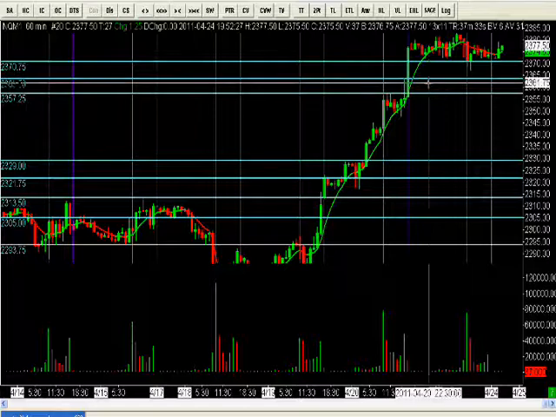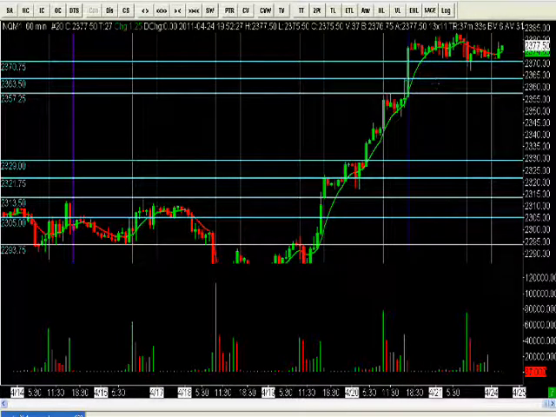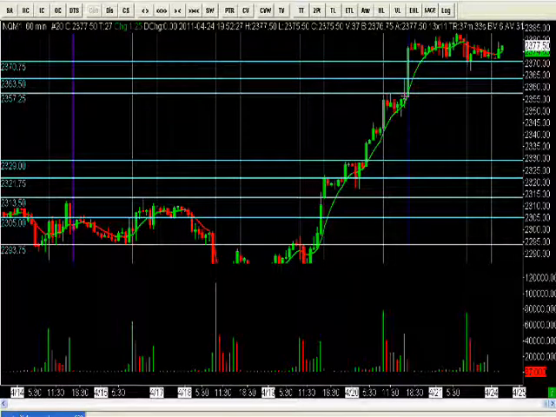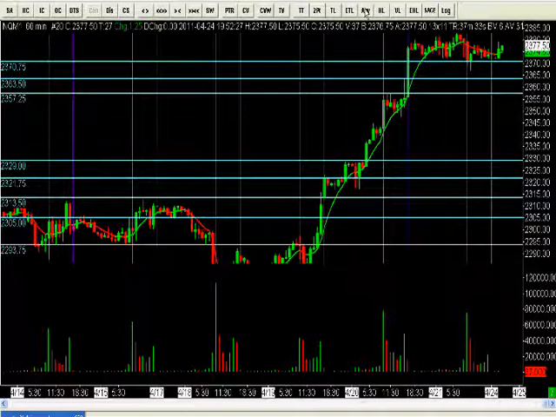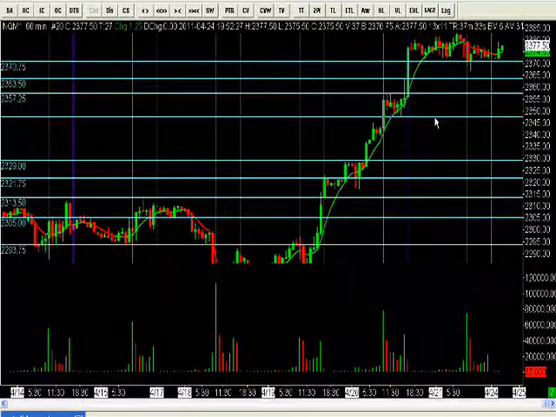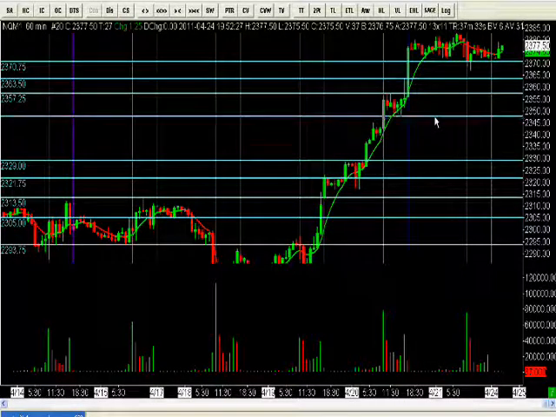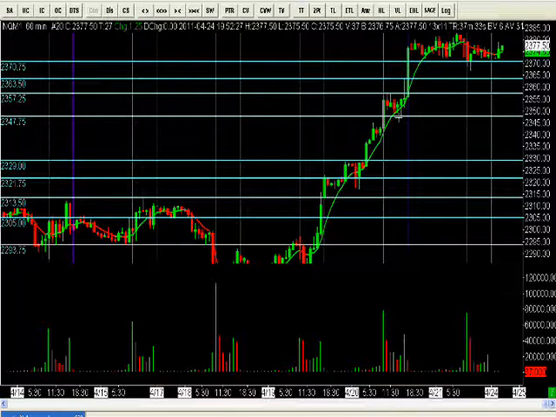And then here you may want to put something at the 63.50 area using the high of this bar right here, and we'll put something here using the general area of the low of this bar here.